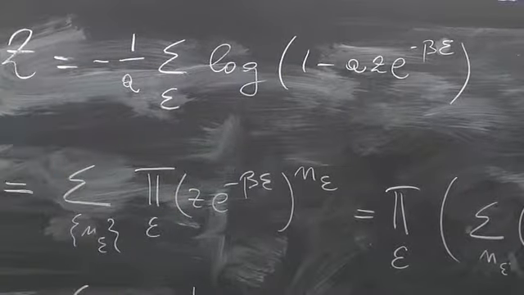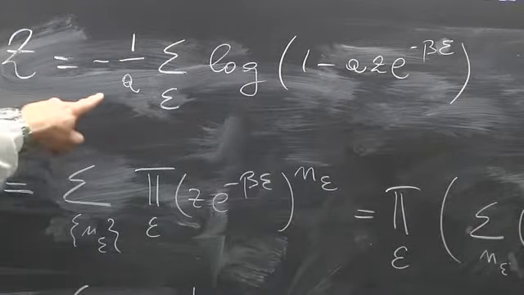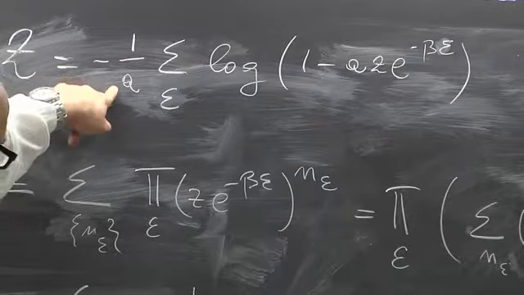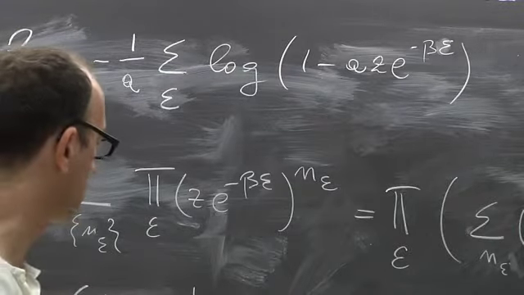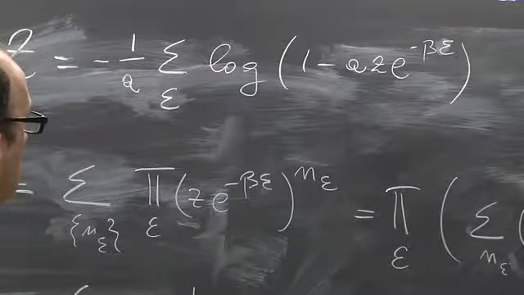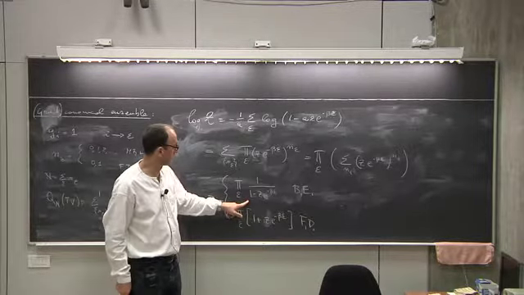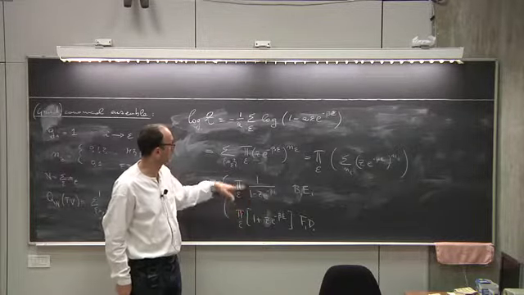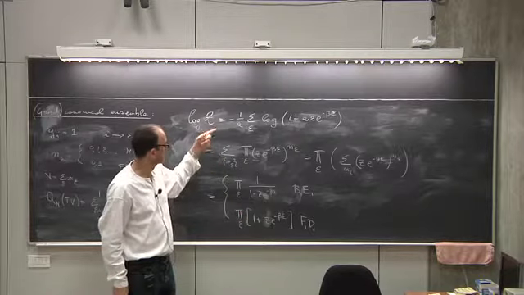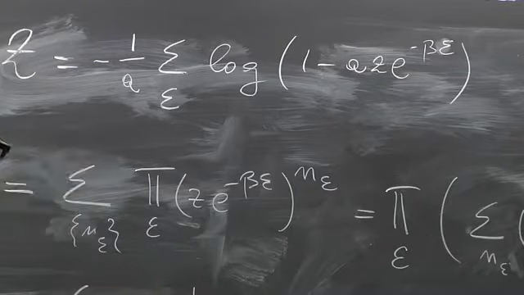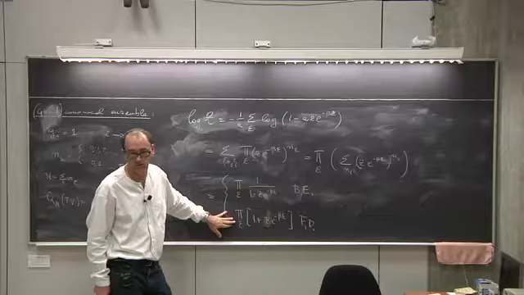So you see, if I take a equal to 1, I have Bose-Einstein statistics. If I take a equal to minus 1, instead I will get the Fermi-Dirac result.